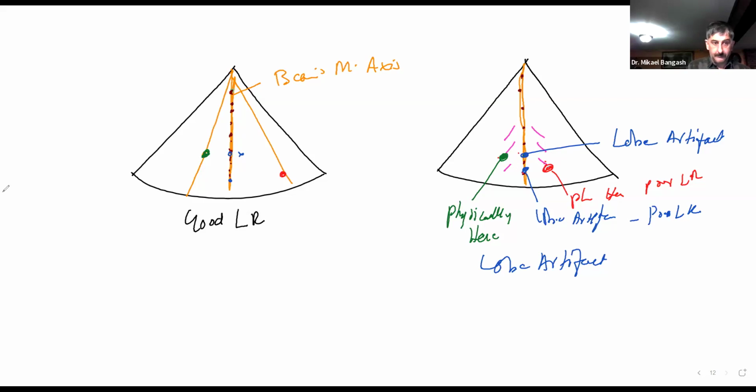An example of this kind is if this was our focal point, these are basically side lobes. Side lobes are only in the far zone, and that was mainly when we used a single PZT transducer.